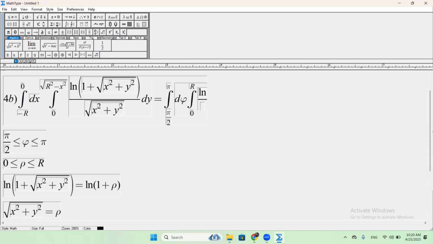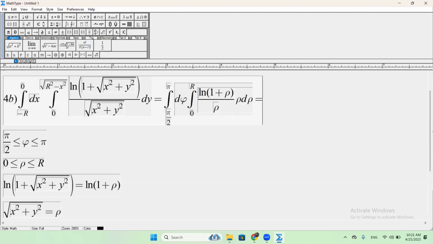And what do we have? Logarithm of 1 plus rho divided by rho. And also we need to multiply by rho, by this Jacobian of transition.